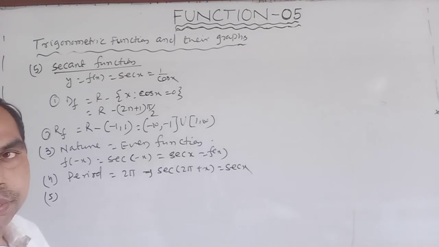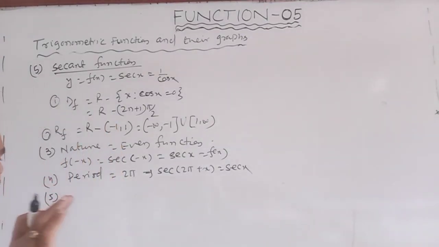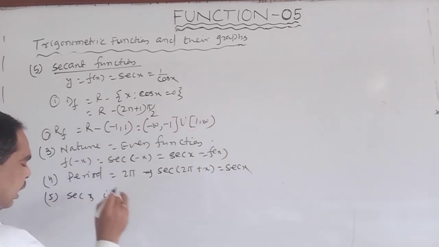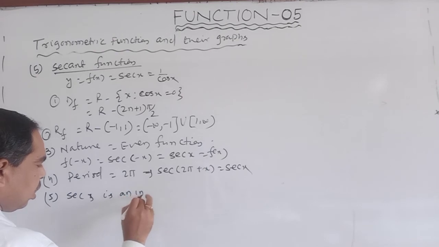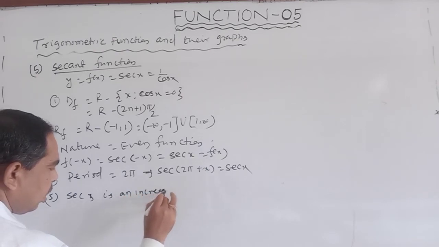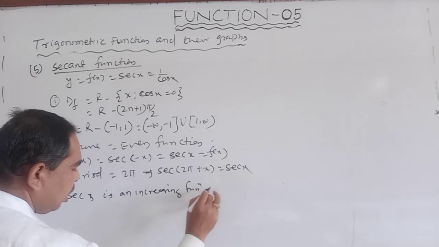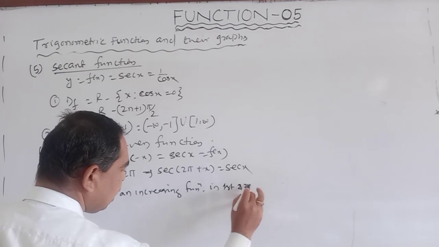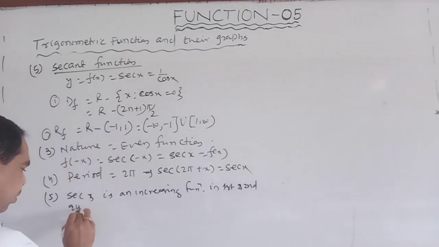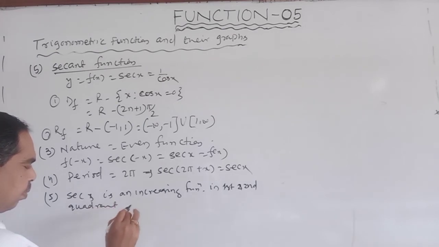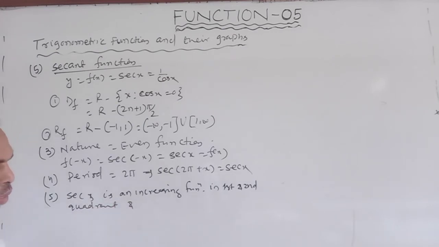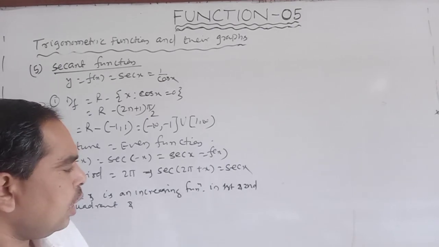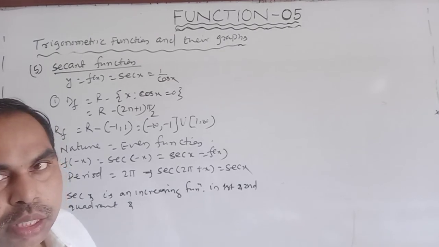Fifth, sec x is an increasing function in the first and second quadrants and decreasing in the others. In the first quadrant, 1 to infinity, so it is increasing. In the second quadrant, minus infinity to minus 1, also increasing.